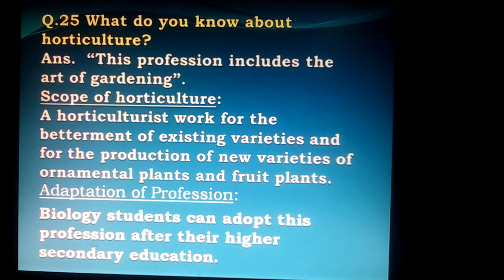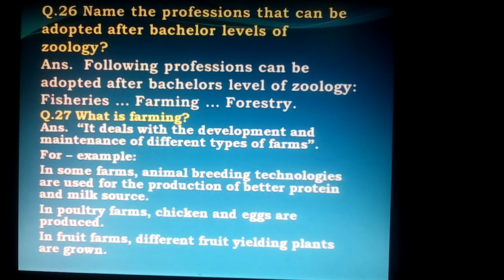So they work for the betterment of these varieties. And adaptation: biology students can adopt this profession after their higher secondary education. After completing higher secondary education in biology, the students can join the horticulture department.